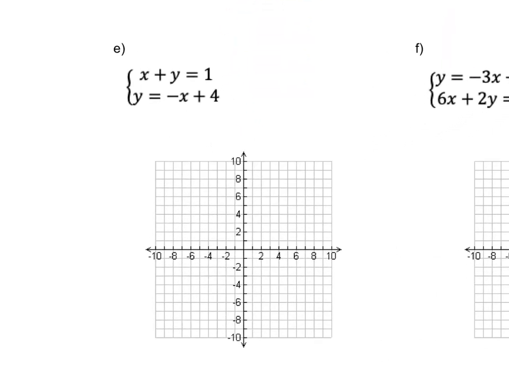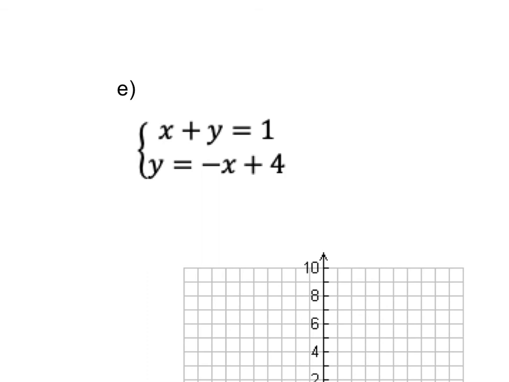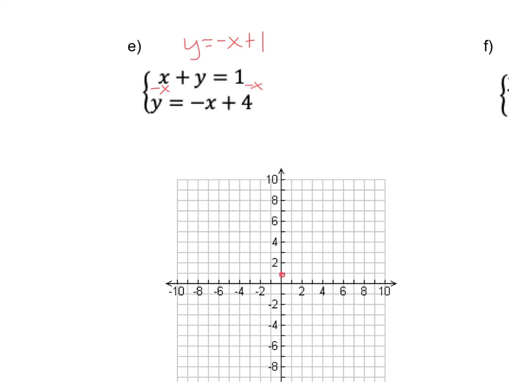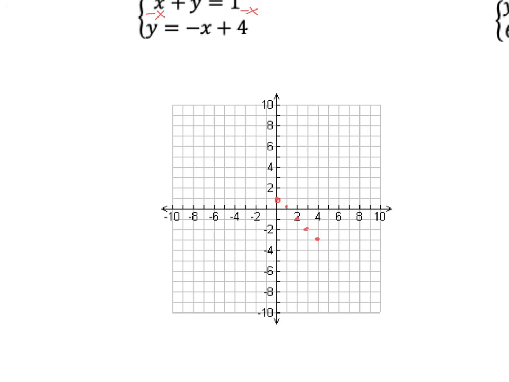So this one, let's get on the top one, I'm just going to move that x over by minusing x. So that turns into y equals negative x plus 1. So positive 1, your slope is negative 1. Okay. And then it's going to look like something like that.